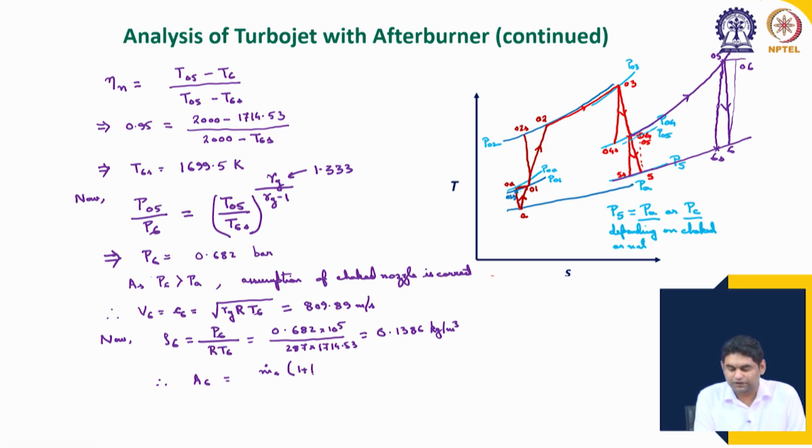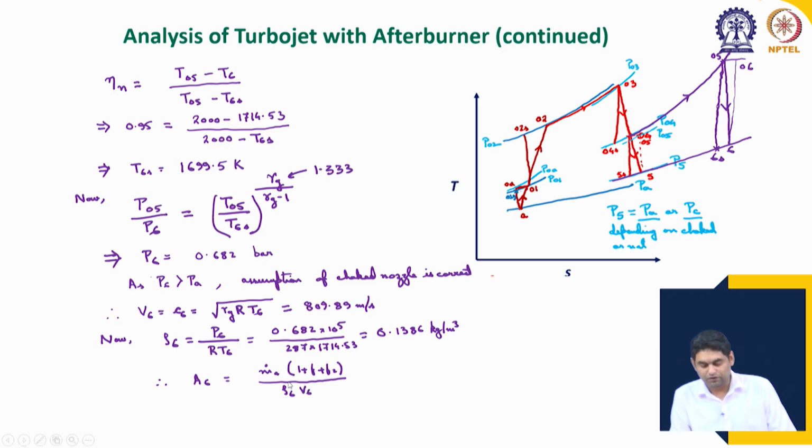It is m dot A times (1 plus f plus f2), because we have additional mass flow rate due to the second fuel injection, divided by rho 6 V6. Since rho A V is equal to m dot, A is equal to m dot by rho V. Everything is known here, (1 plus f2) divided by rho 6 V6, only m dot A is not known.